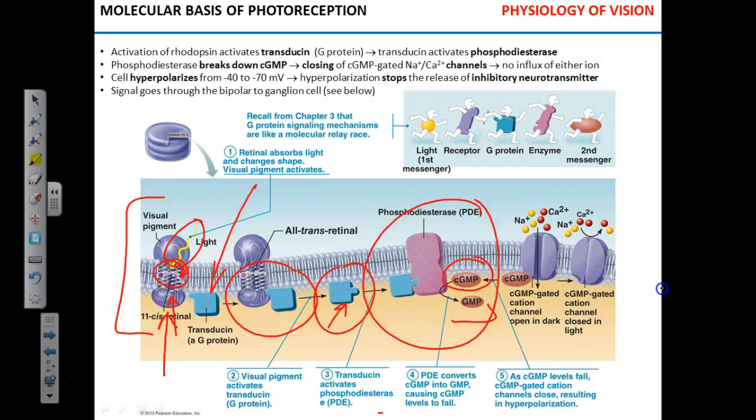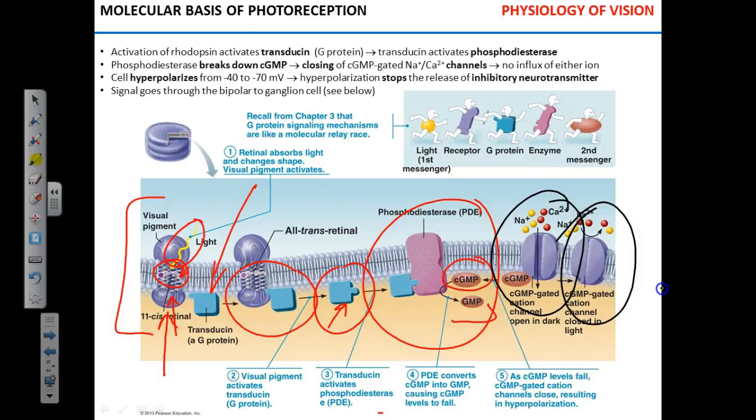Keep this thought. Turns out, cyclic GMP is the ligand for the cation channel, and it keeps the cation channel open. If levels of cyclic GMP decrease, what happens to the cation channel? It will close. Does that make sense? If it will close, what's going to happen to the flow of sodium and calcium into the cell?